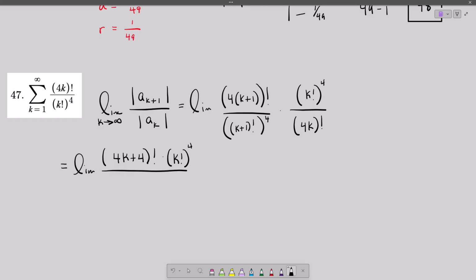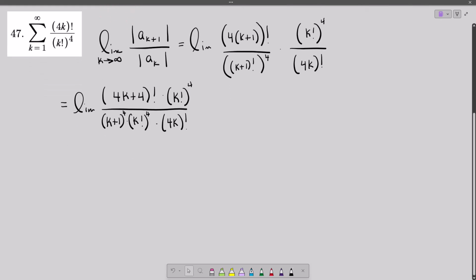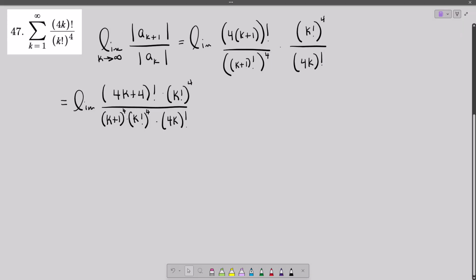But here, we know that k plus 1 factorial is k plus 1 times k factorial. We have k plus 1 multiplied by k factorial. Both of those are raised to the 4th power, so we distribute that 4th power onto each of those factors. And then we have the 4k quantity factorial. So that's our first expansion step.